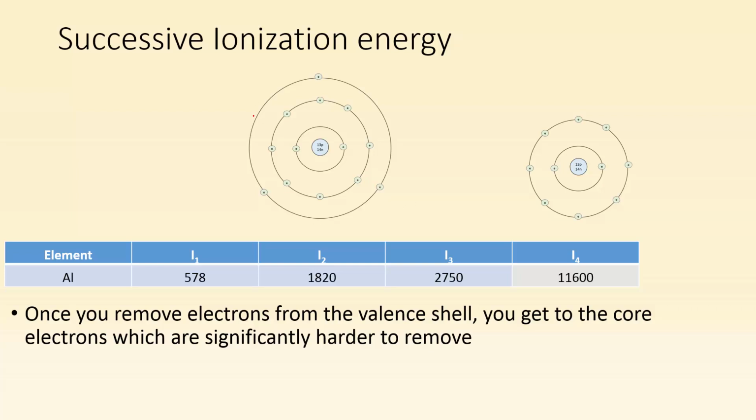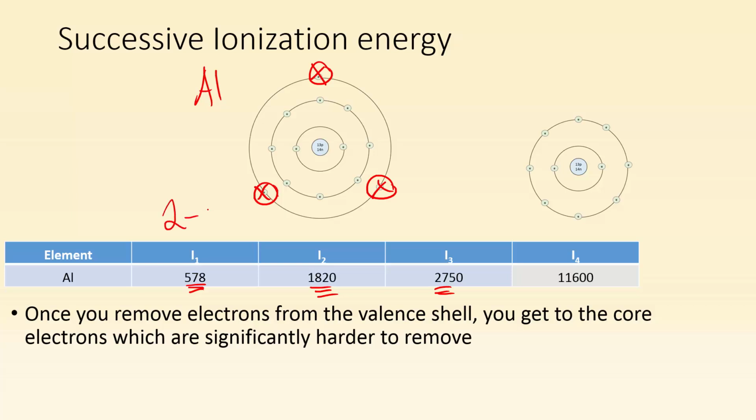So aluminum, which I have right here, has 3 valence electrons. If I want to rip one of those away, I'm going to have to invest that many kilojoules of energy. If I want to rip a second one away, I'm going to have to invest this much more energy. If I want to rip a third one away, I'm going to have to invest this much energy. Now what happens once I've eliminated those 3 electrons?